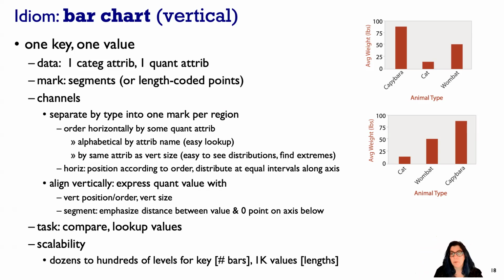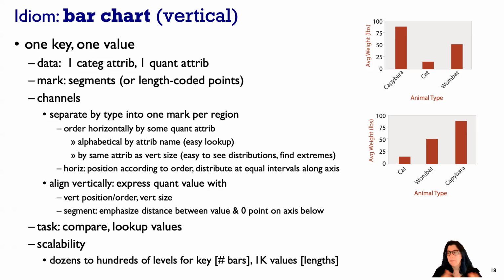So for tasks, well, we can really easily compare those heights. That's what bar charts are fantastic for. We can look up values. We can also do some things like find distributions easily in the case where they're ordered, although not necessarily without ordering them. Now, coming back to our scalability analysis, well, how many bars could we have? That is, how many unique levels of the key attribute could we support?